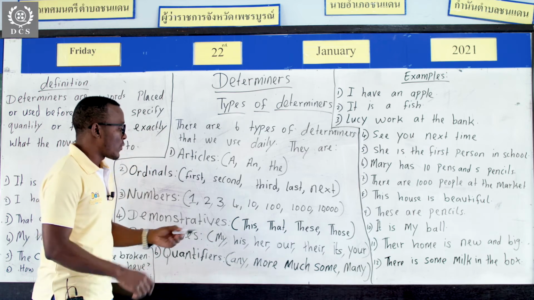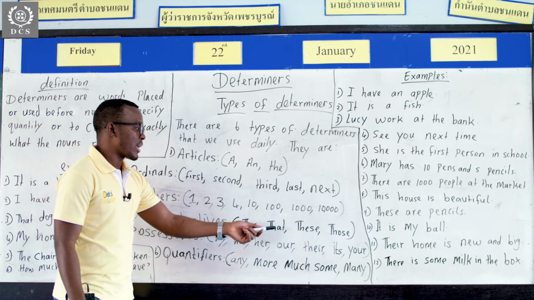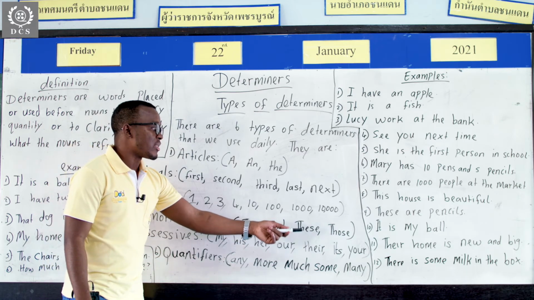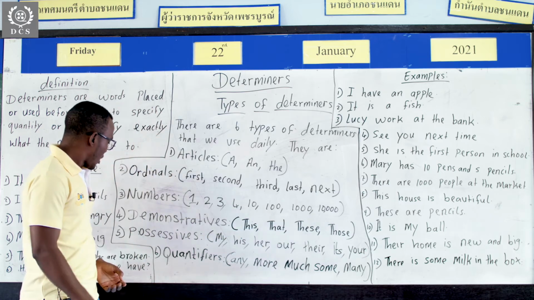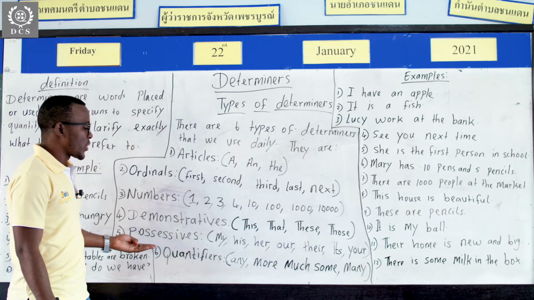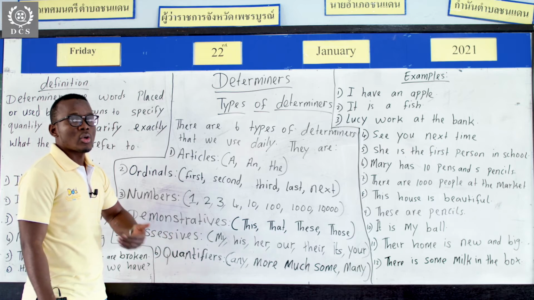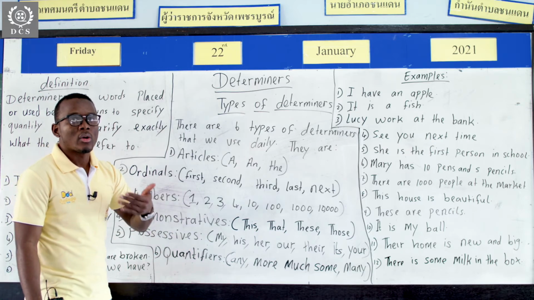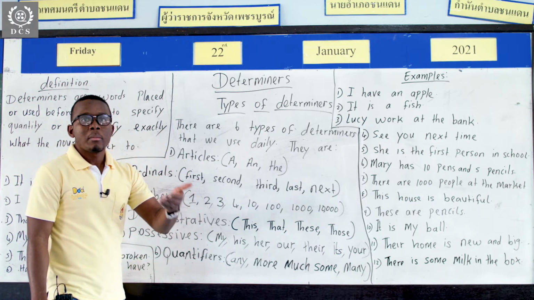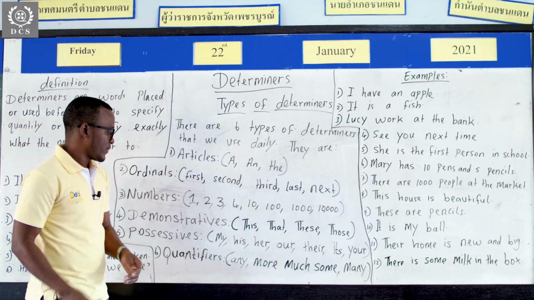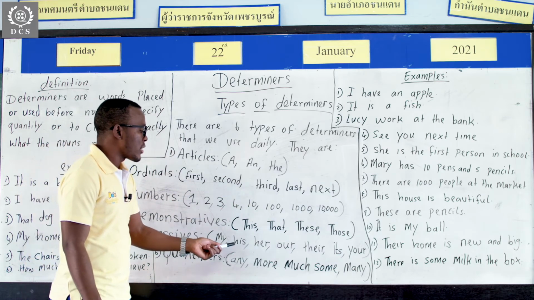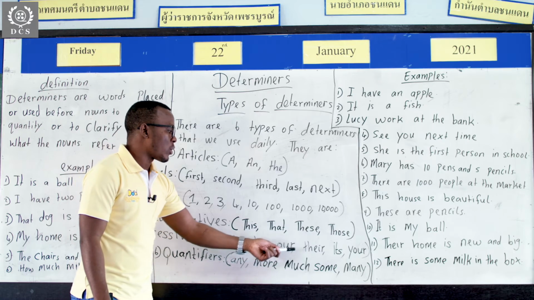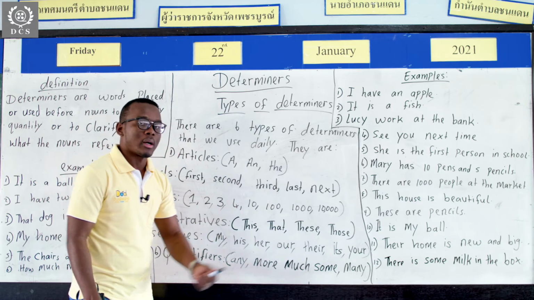So we have words like this, that, these, and those. The next one is possessive determinants. They show belonging. They tell us something belongs to who, right? So we have my, his, her, our, their, its, your.